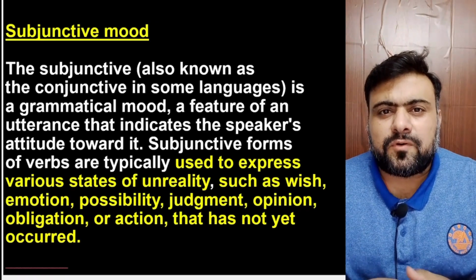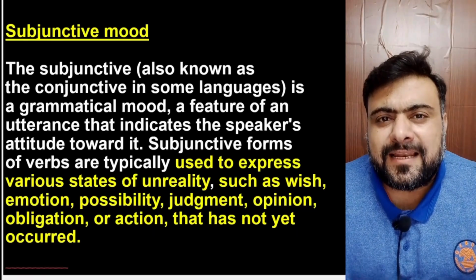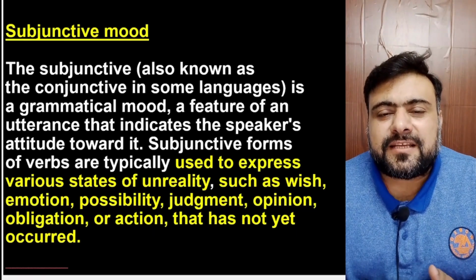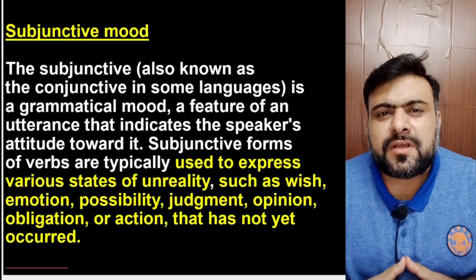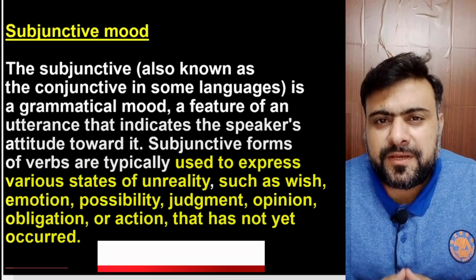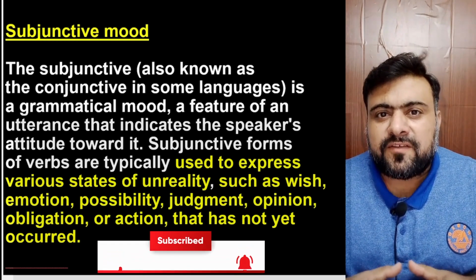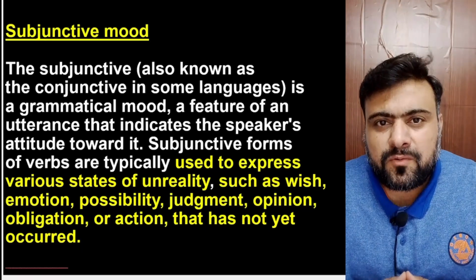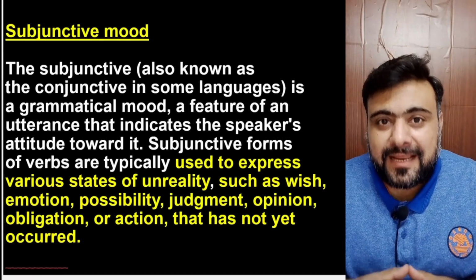A subjunctive mood is that mood which expresses a state of unreality, unrealistic situations based on emotions, possibilities, wishes, judgments, opinions, obligations. So a verb is in a subjunctive mood when it expresses something that has not happened yet.